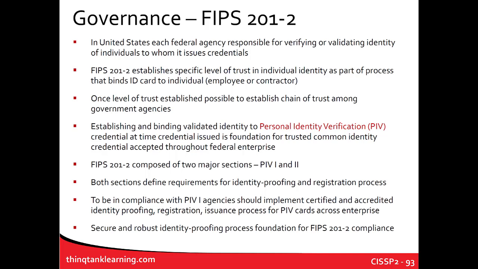PIV1 defines identity proofing and registration requirements. PIV2 covers credential assurance, lifecycle management, and the technical specifications. Regardless, both of these ensure that the identity is validated and managed across agencies. So a federal agent gets a PIV card. Their identity gets validated using government-issued documents.